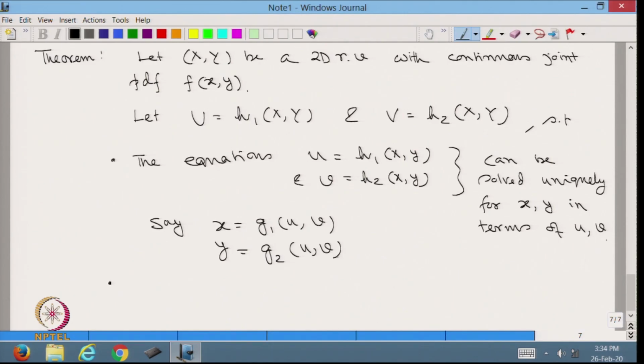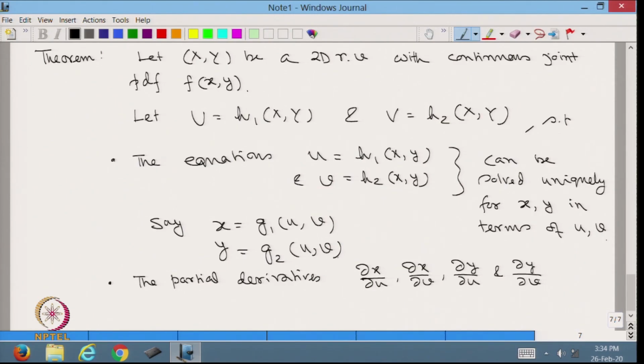The second assumption is that the partial derivatives del x del u, del x del v, del y del u and del y del v exist and continuous.